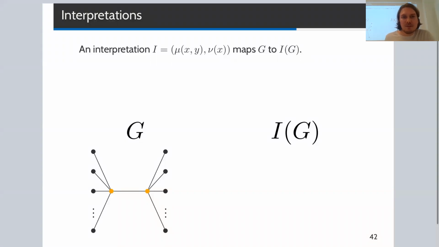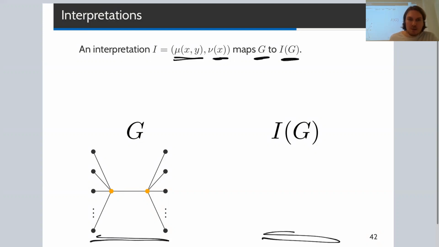So an interpretation is a function that maps a graph G to the graph I of G. An interpretation depends on two formulas: the formula mu of x, y with two free variables and the formula mu of x with one variable. And if the input graph is G, the output graph I of G will be drawn here on the right.